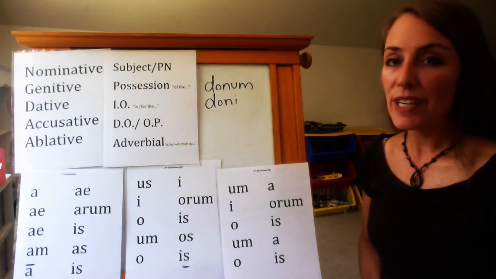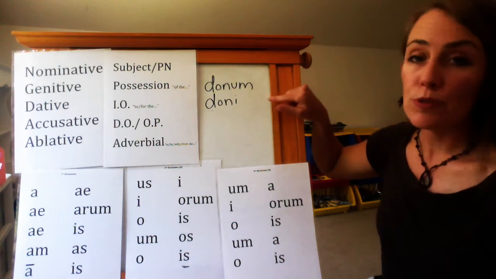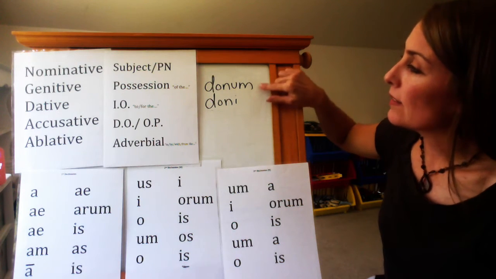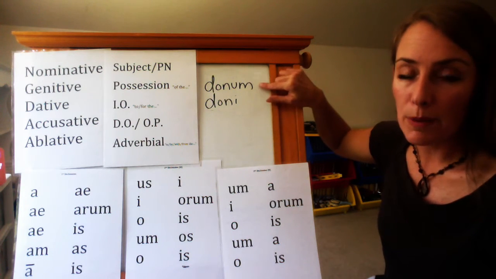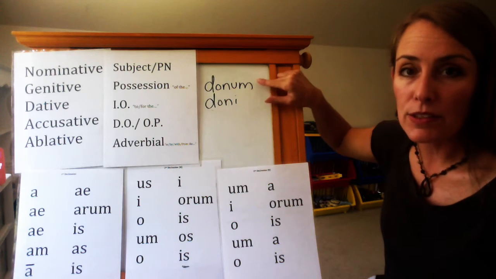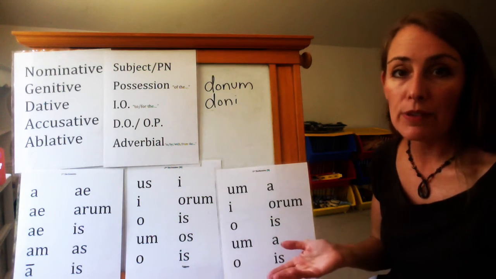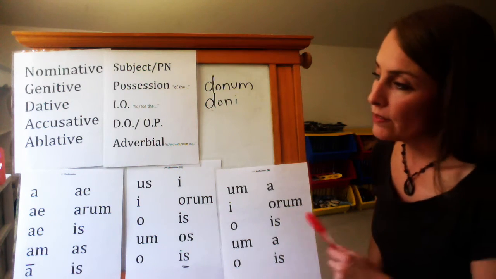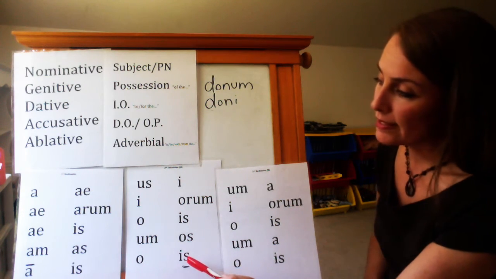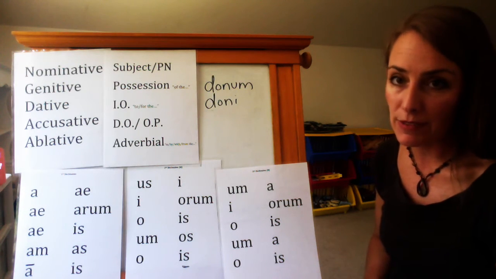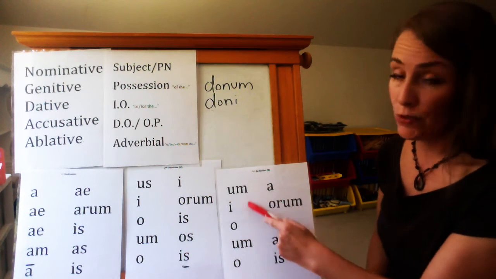Okay, if I were to give you the word donum, doni, you can see automatically because of the end of these two forms, the nominative singular and the genitive singular, the um and the i, you can automatically tell which declension this noun is a part of. So take a look at first declension, second declension masculine, second declension neuter, and where do you see um at the beginning of the list? And clearly, it's right here.